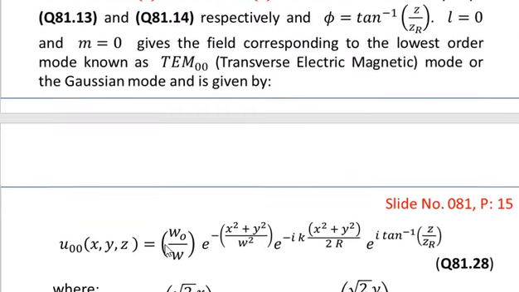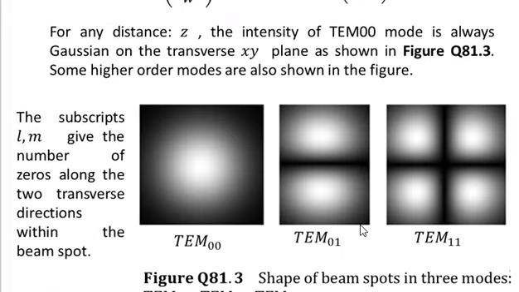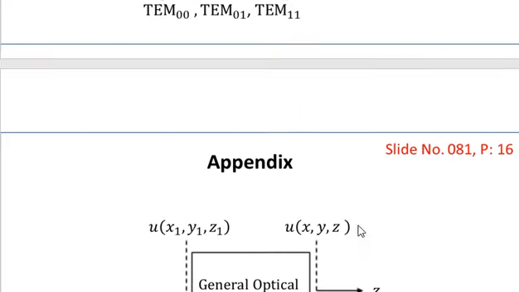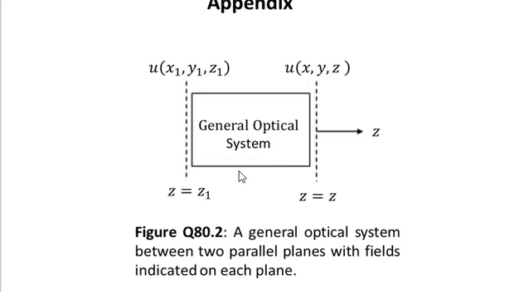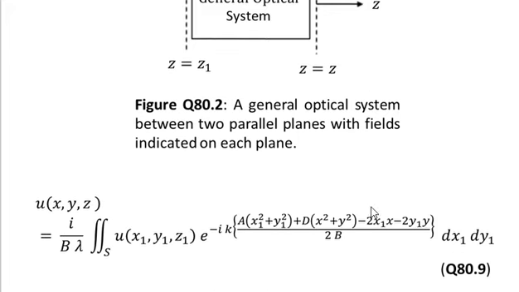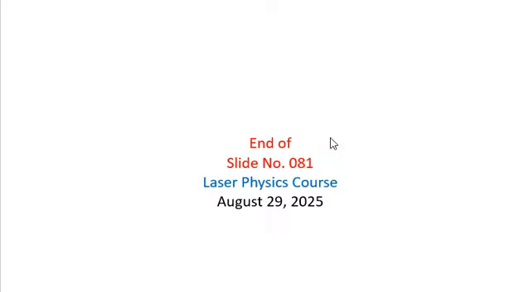And of course the basic TEM00 mode, along with the higher order modes, have also been briefly discussed. This was the appendix in which we used a general optical system, in which the field has been shown on the two dotted planes, one located at z equal to z1, the other at z equal to z. And this is the equation that was mentioned while delivering this lecture. So this is the end of slide number 81.